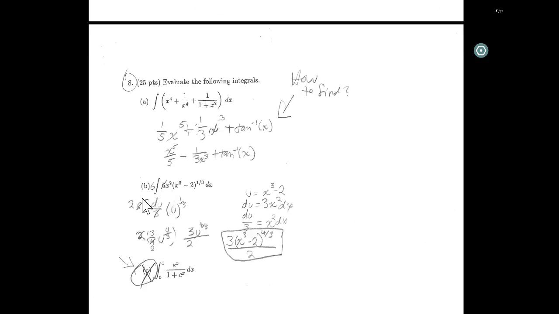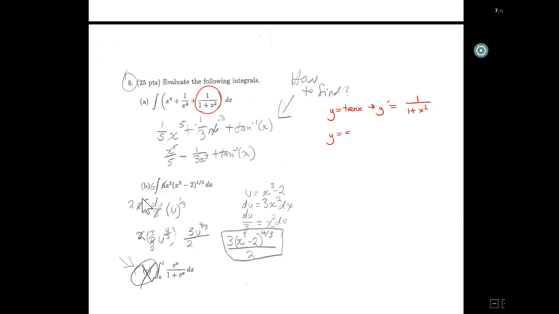Okay, evaluate the following integrals. Oh, I see. So you need to recognize, I'm guessing your teacher has you recognize there are two. Remember, if y equals tangent inverse of x, then y prime is 1 over 1 plus x squared.